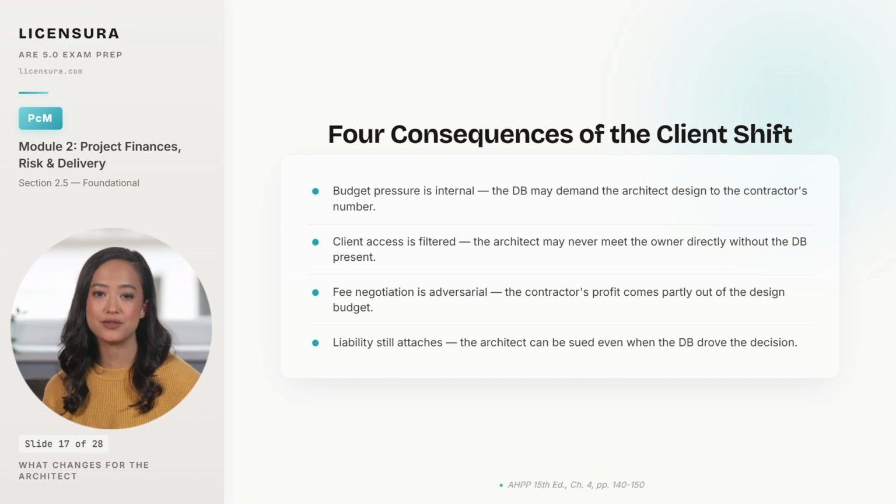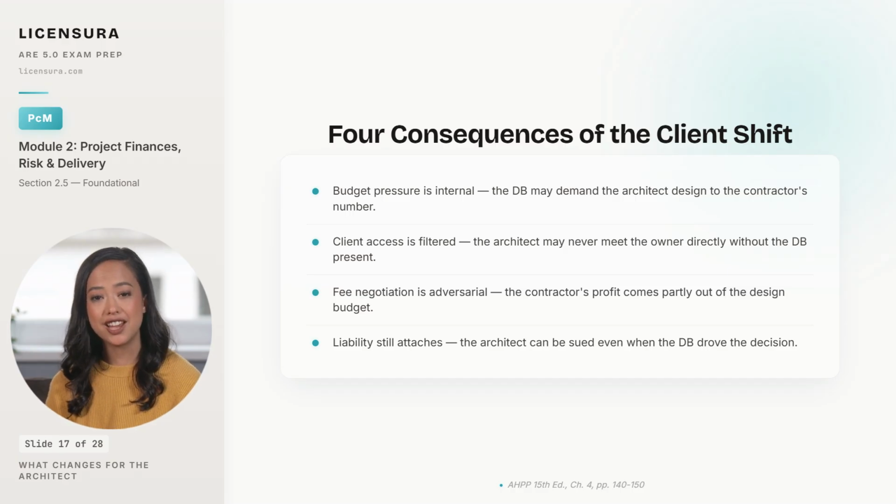Client access gets filtered through the DB. The architect may never sit down with the owner's building committee on their own, which means the design decisions that get made are the decisions the DB is comfortable presenting, not necessarily the decisions the owner would make if they had unmediated access to the architect.